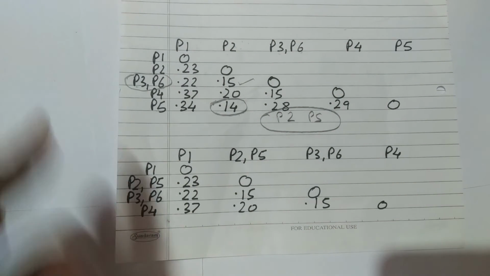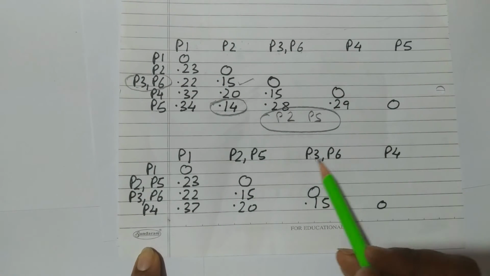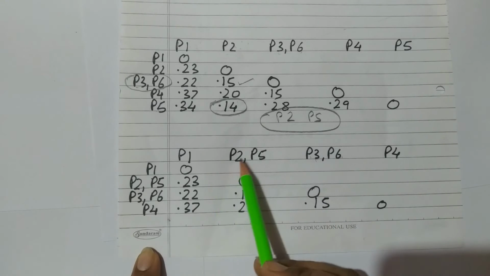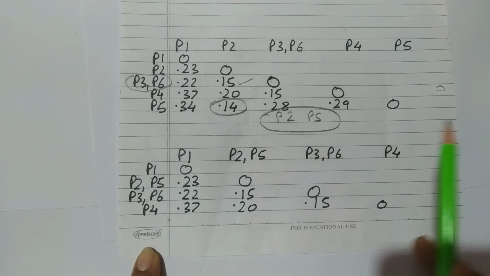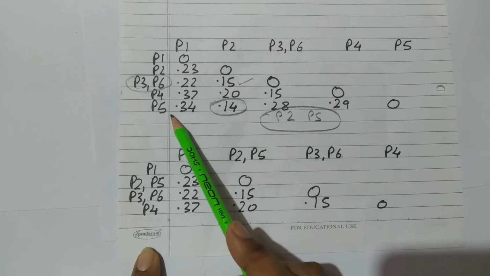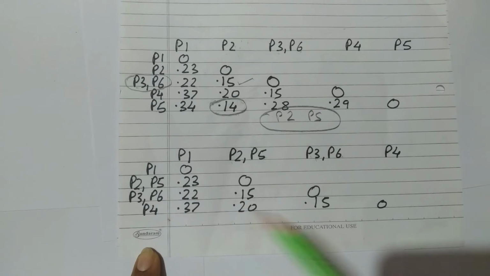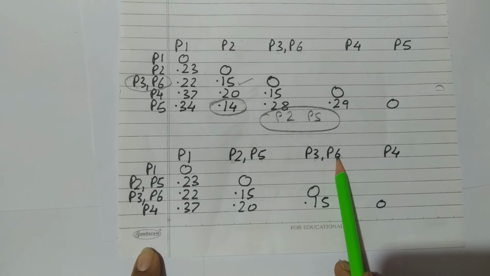So let's have a look at this matrix. P3, P6, we made this cluster previously. Now the new cluster which is formed is P2 and P5. Why? Because these were the 2 points which were closest to each other. Now as you can see, I have combined P2 and P5. I have combined P3 and P6. These are the 2 clusters.